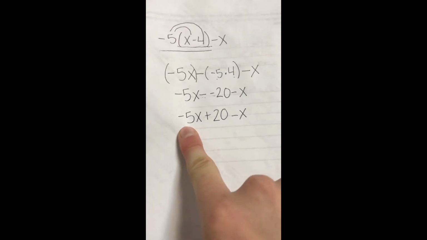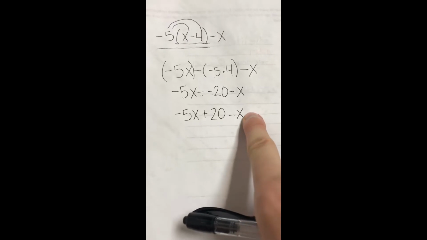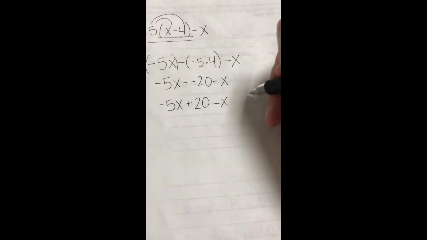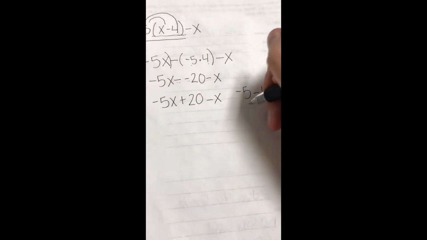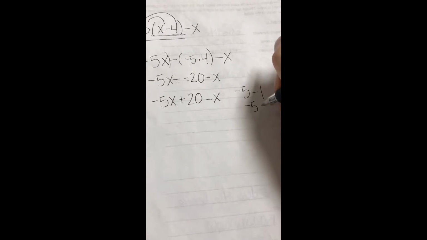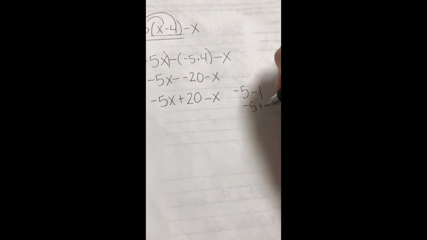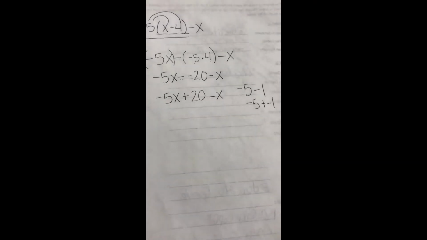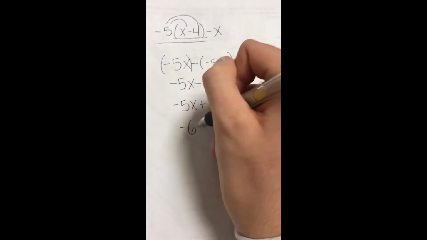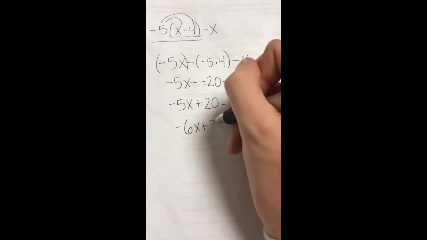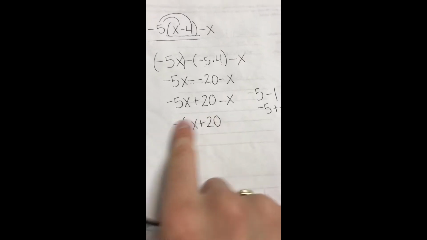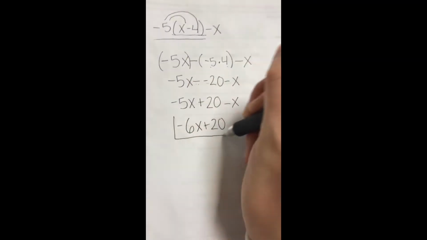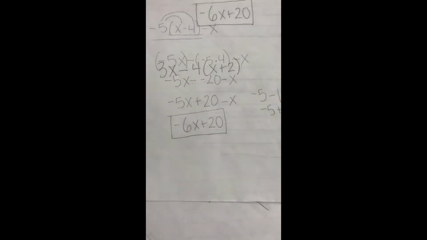So if I have negative 5x's and I subtract another x, negative 5 minus 1, that's the same as doing negative 5 plus negative 1, so negative 6x's plus 20. Then I have x's, constants, no x's, so I cannot combine them, and this would be my final answer.